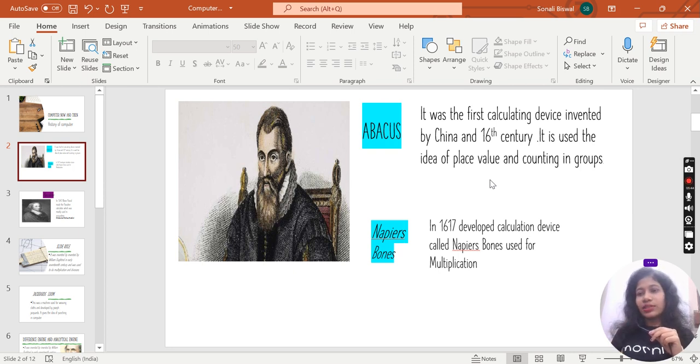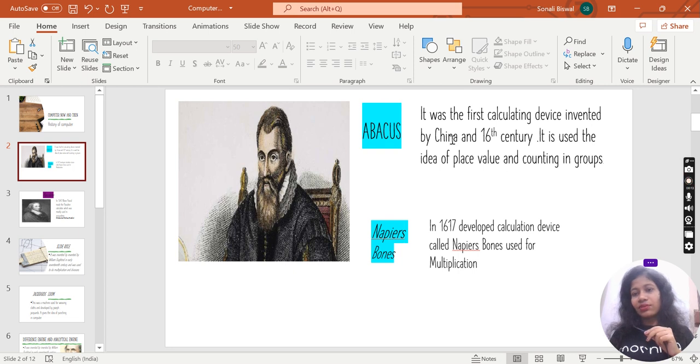It gives us the idea of place value, such as first place and second place, and counting in groups. That idea gives us the first computer, the abacus. The second computer came in 1617, a calculation device called Napier's bones, used for multiplication.